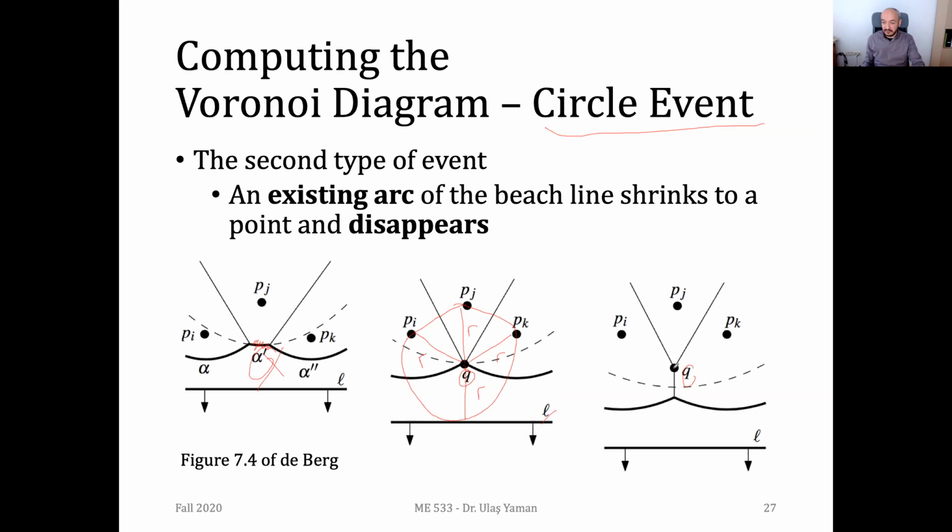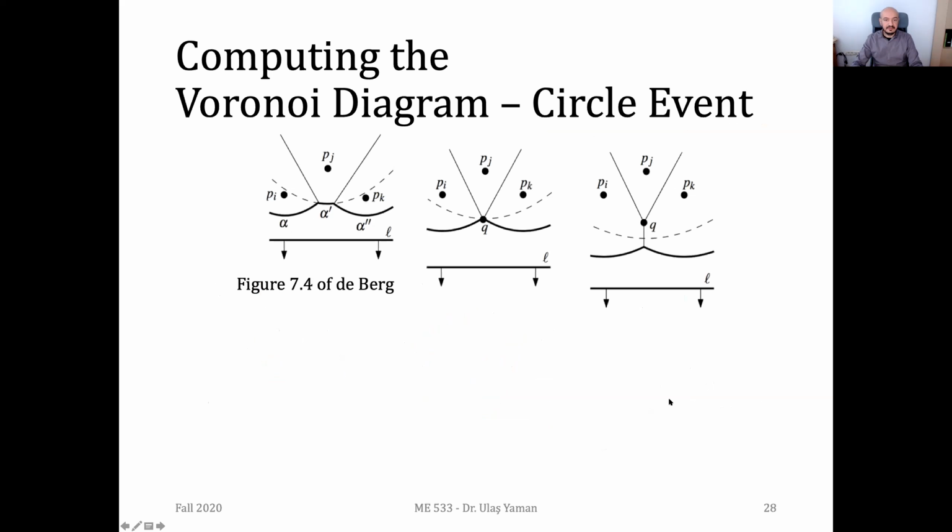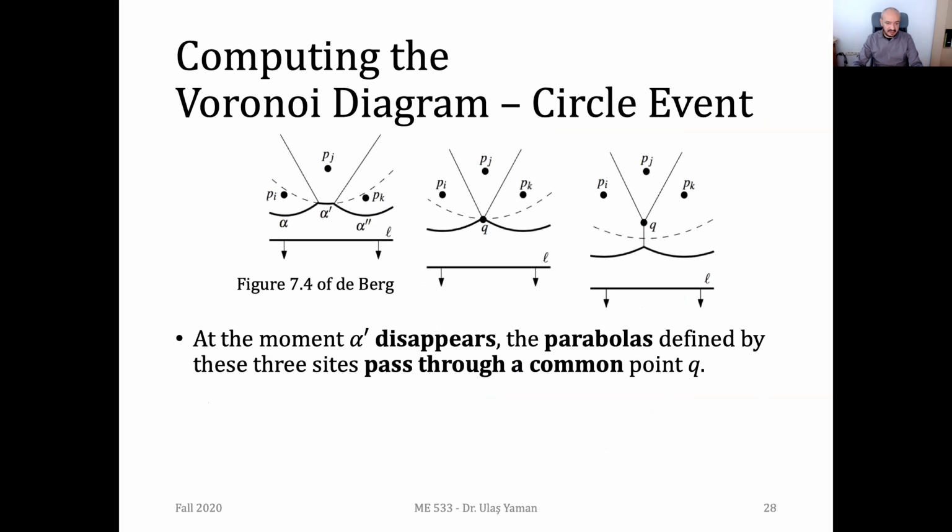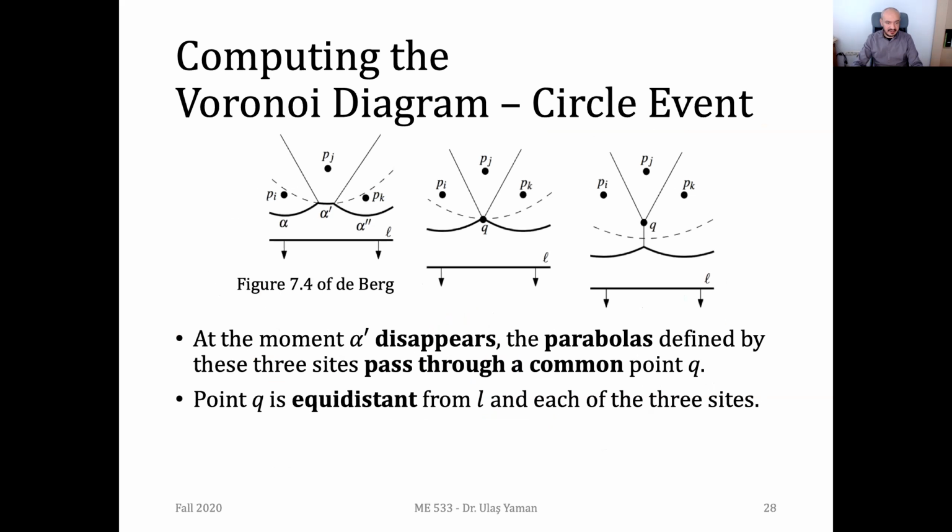vertex. Another issue is that initially we have 2 breakpoints, right? But right after this circle event, we will only have a single breakpoint, at least in this portion of the Voronoi diagram. Here it's illustrated again. This is the same thing we discussed.